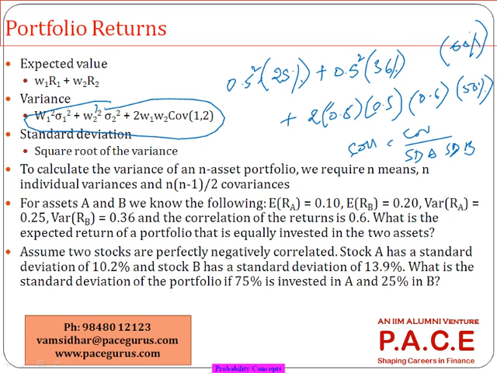But if there are 3 items, AB, AC, BC, 3 pairs are there. With 4, the number increases again. So I require N into N minus 1 by 2 such pairs. If I am talking of 10 items, 10 into 9 by 2, 45 pairs of covariances and correlations I have to find out. That makes finding the portfolio variance a very tedious job.